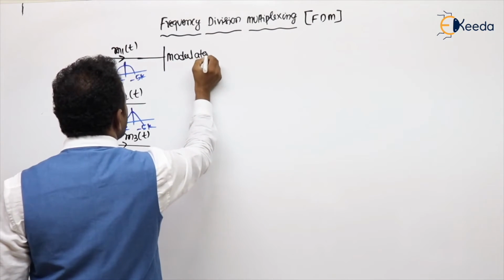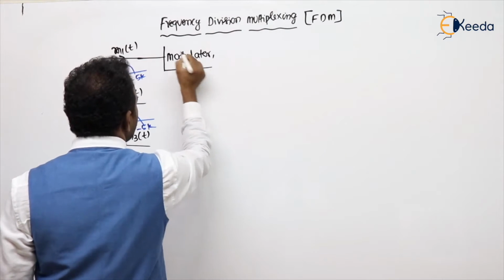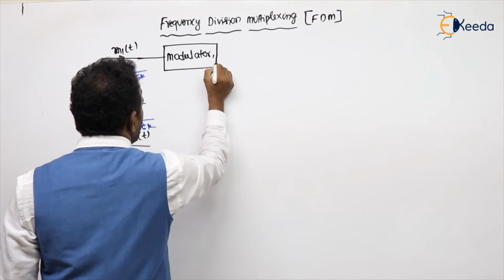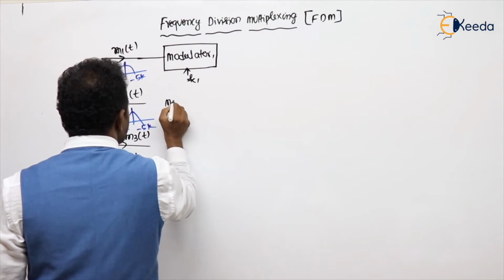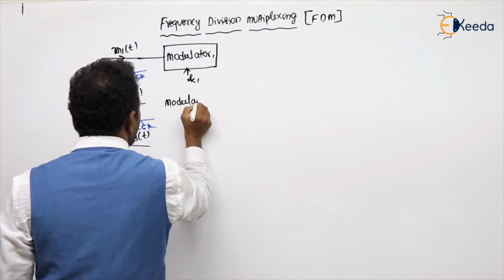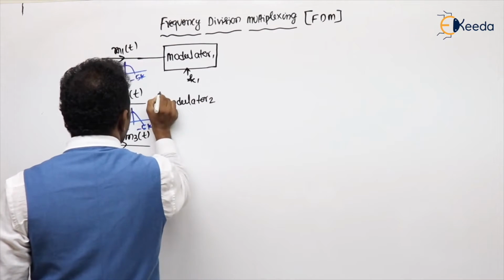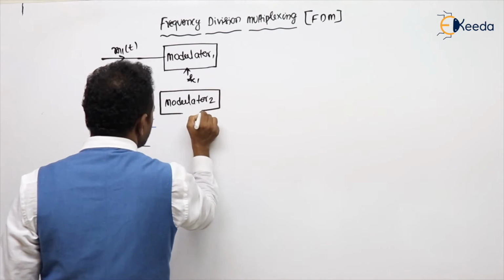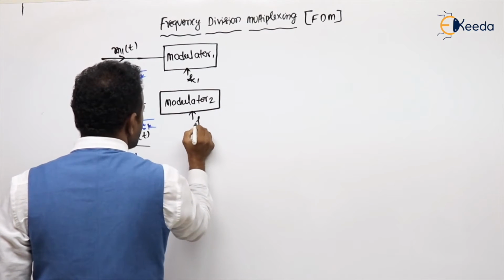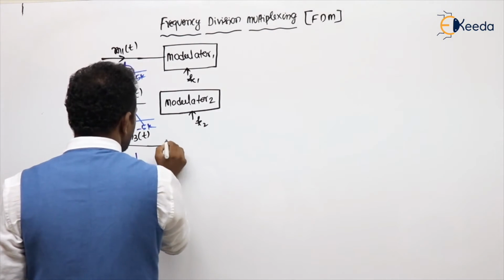So modulator 1: for this one, we are using the carrier frequency FC1. For the second one, modulator 2: for this one, we are using carrier frequency FC2, sir.